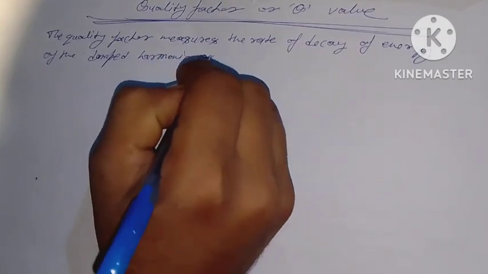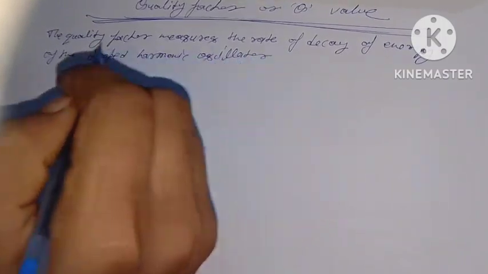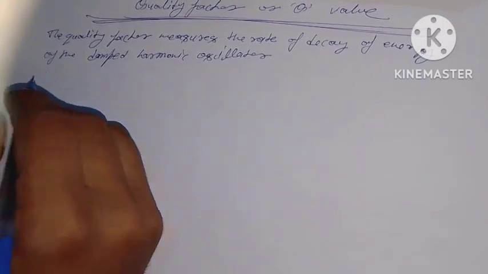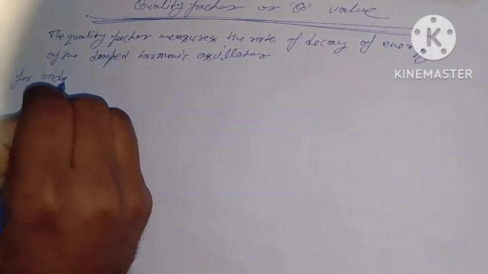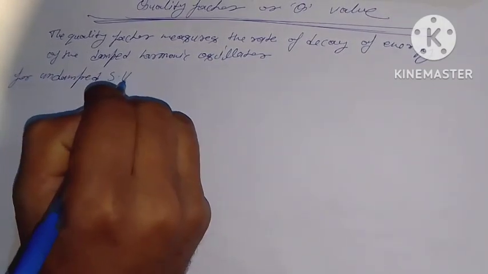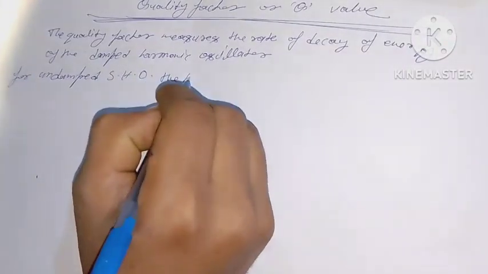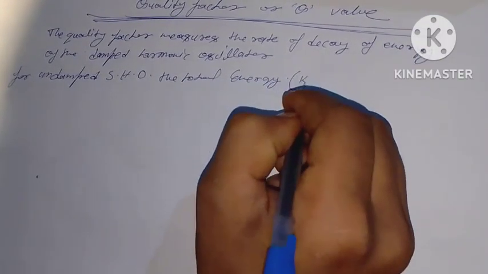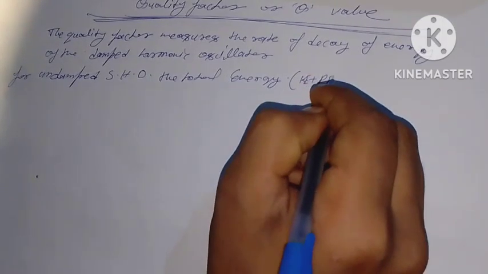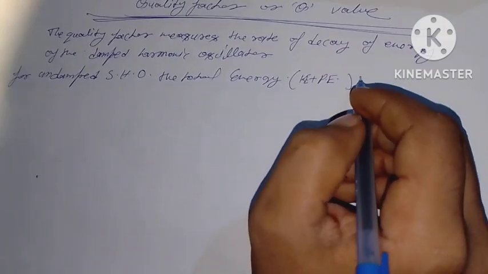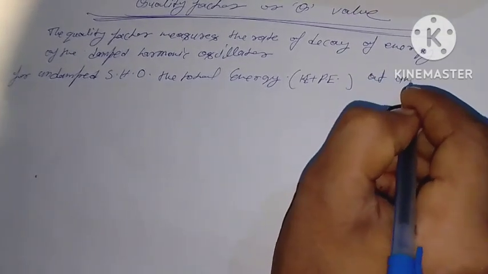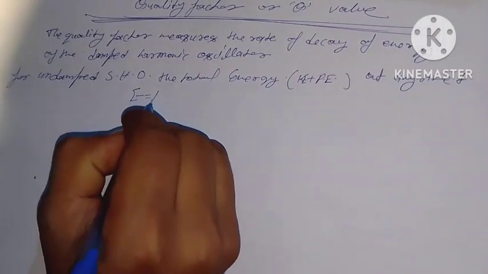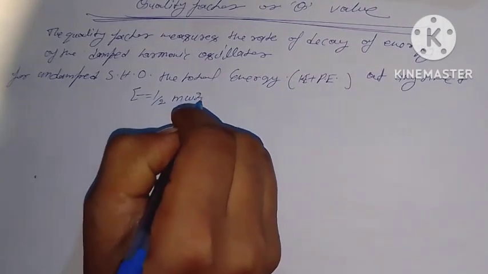For an undamped simple harmonic oscillator, the total energy, kinetic energy plus potential energy at any time t, is given by E equal to 1 by 2 m omega naught square a square.